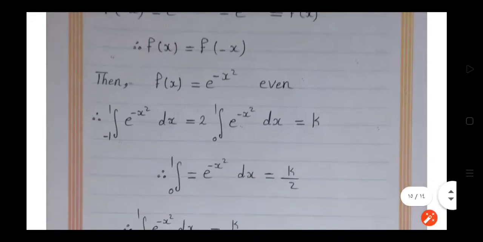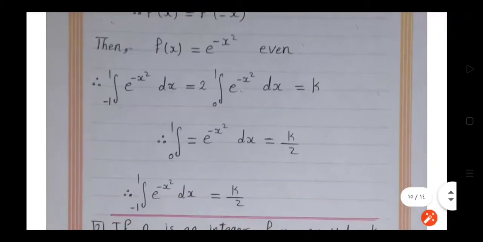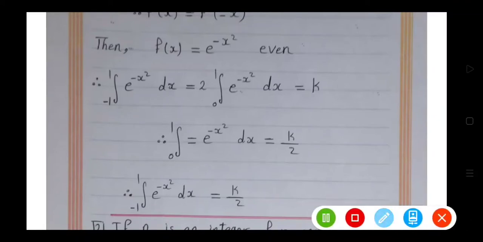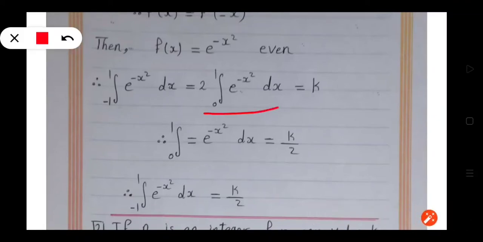Now the integral from negative 1 to 1 of e power negative x squared dx equals 2 times the definite integral from 0 to 1 of e power negative x squared. That means that k equals 2 times that integral. That means that the definite integral from 0 to 1 for e power negative x squared dx equals k over 2.